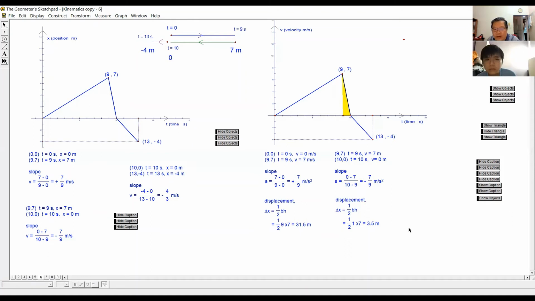Since it is still moving, there will still be distance covered. Although it's moving slower and slower, there's still distance covered. That distance covered is given by this area under the graph.